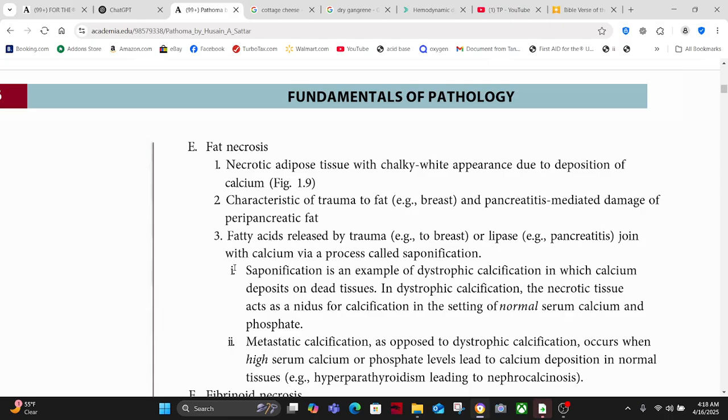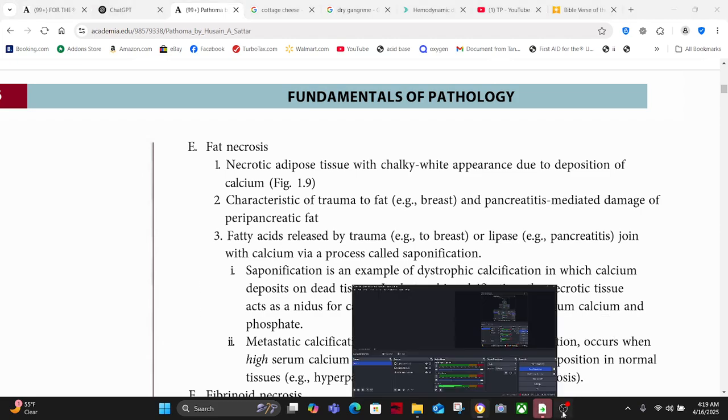Metastatic calcification, as opposed to dystrophic calcification, occurs when high serum calcium or phosphate levels lead to calcium deposition in normal tissues, like in hyperparathyroidism, leading to nephrocalcinosis.